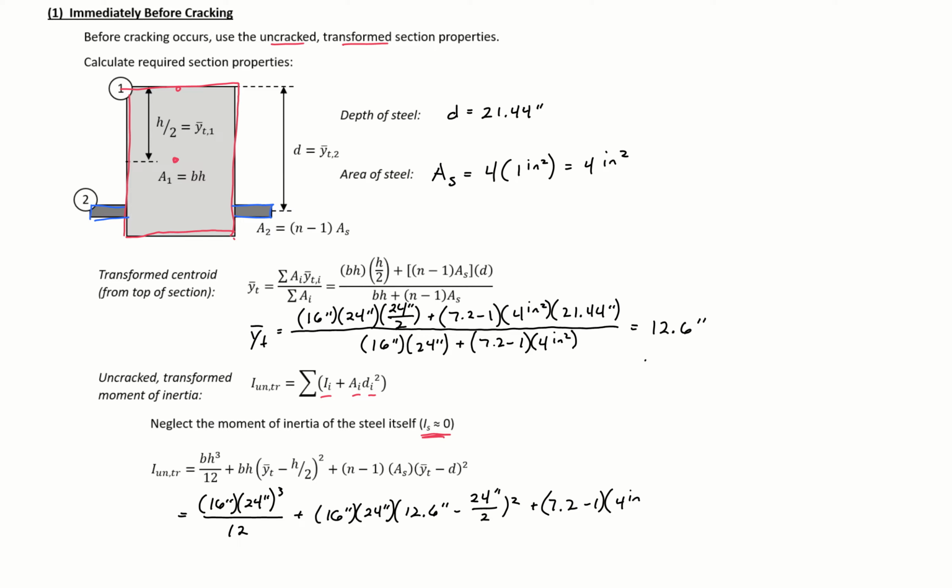So our area of our steel times our d squared component, 21.44 minus 12.6 squared. And we'll get our I uncracked transformed to be equal to 20,819 inches to the fourth. So this is the value that we'll need moving forward.